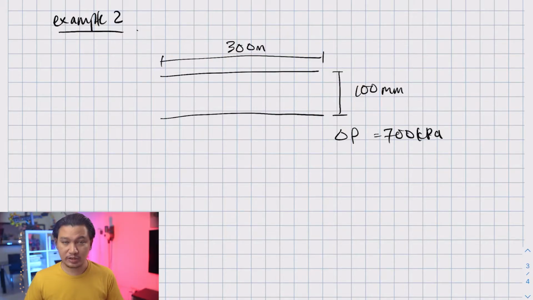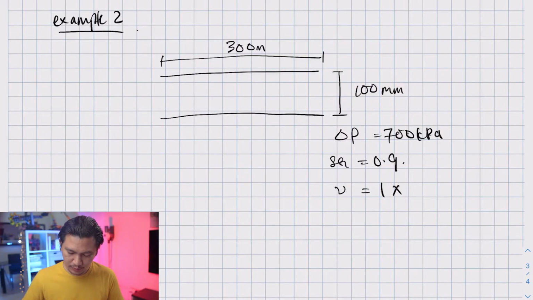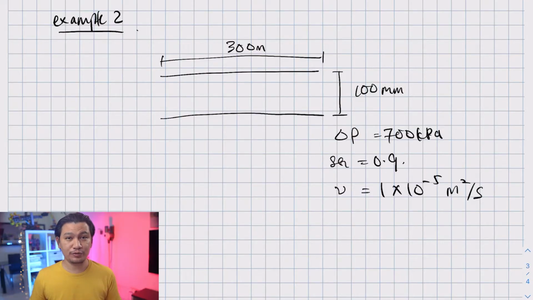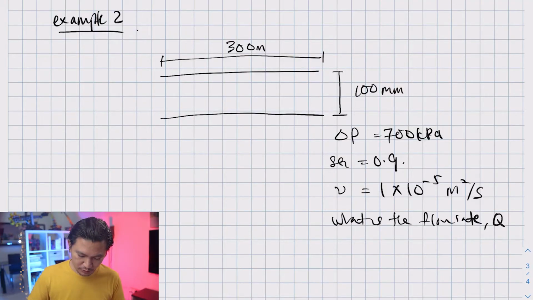And also, this pipe is transporting oil that has the specific gravity of 0.9 and also the nu of 1 times 10 to the power of minus 5 meters squared per second. Now, with the information that's been given to you, determine the flow rate inside this pipe. So the question is asking for what is the flow rate? And also the material that is used to make this pipe is wrought iron.